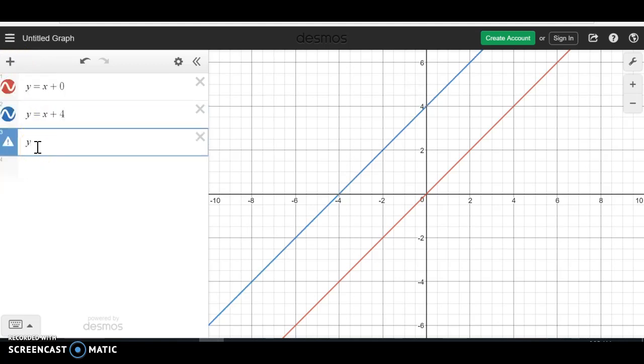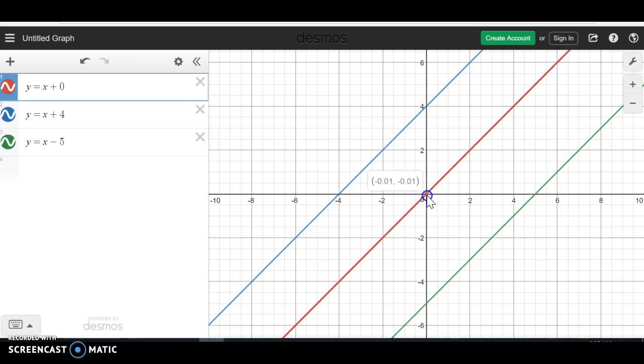Let me subtract 5. So now you can see that because our y-intercept is at -5, it went down 5 units from the original point at the origin. So changing the b number just moves the line up and down the y-axis.